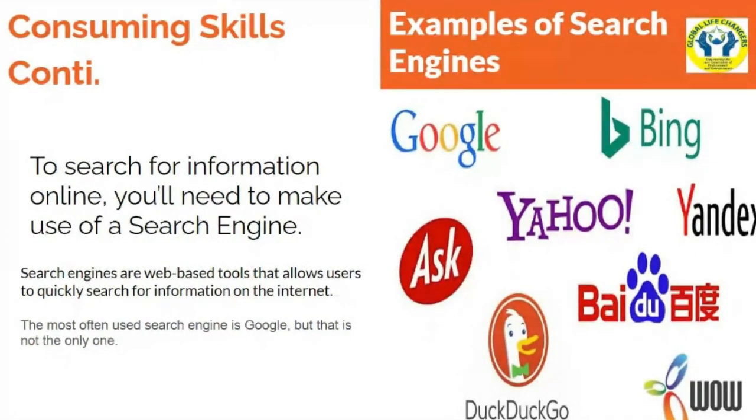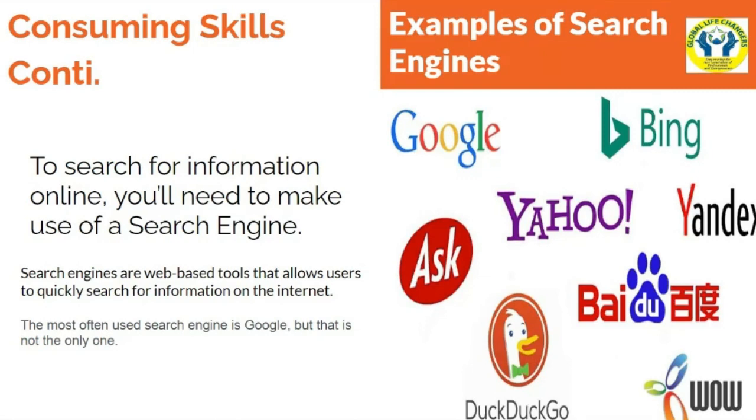Search engines are the most common and widely used method for searching for information on the web. They are software systems that find web pages that match a web search. They search the World Wide Web in a systematic way for particular information specified in a textual web search query.